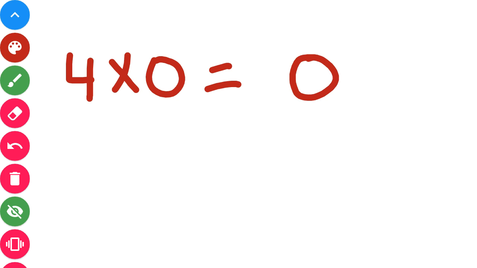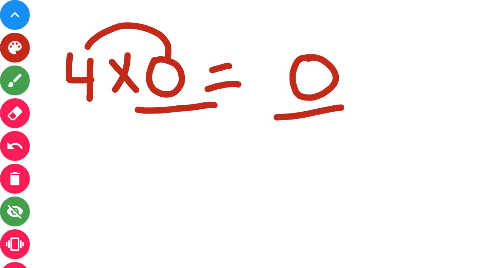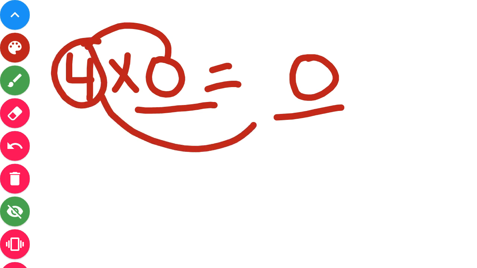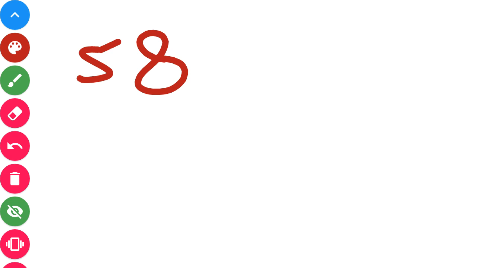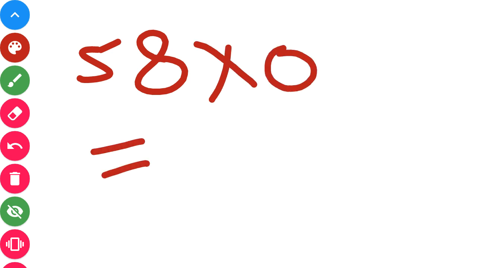We also understood that 0 is a naughty child. Whenever 0 gets multiplied with any number, it makes that number 0. Now if I have to multiply 58 into 0, what will I get? Again I will get 0 as the answer.